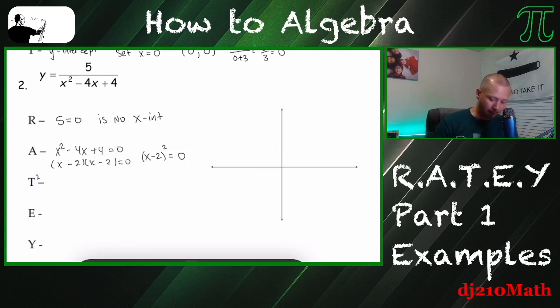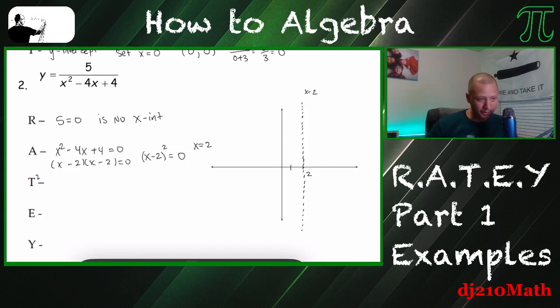So this is saying that there's a vertical asymptote at x equals 2. Here's 2. There's a vertical asymptote at x equals 2.